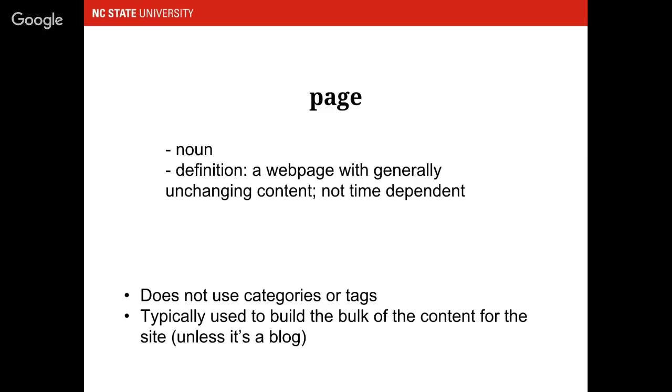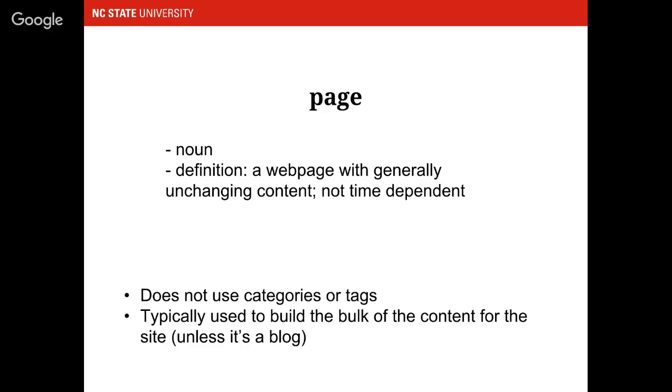A page is going to be more durable content that doesn't change very often. So, for instance, on a newspaper website, a page might describe who the editor is for the website or for the newspaper, or it might describe how to get a subscription to the newspaper, things like that.